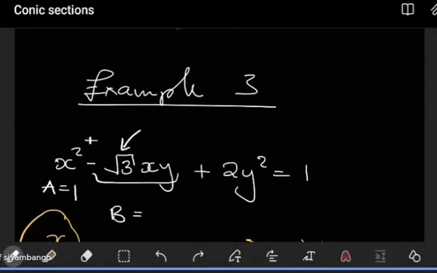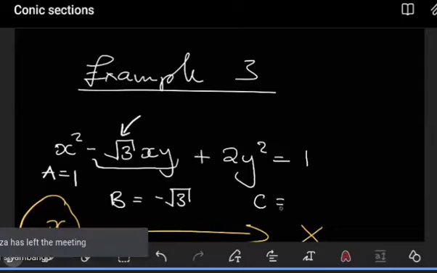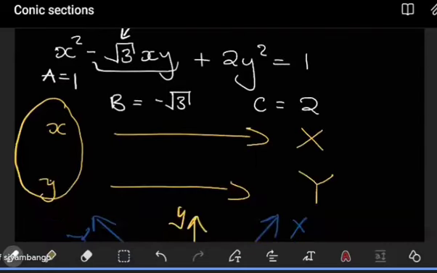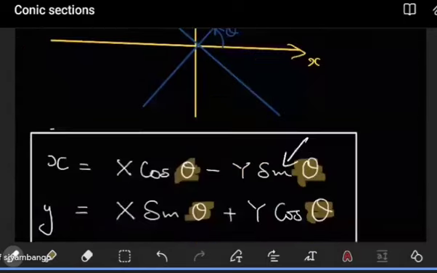Next up, C is the coefficient of the y squared term. So even if they're not properly arranged, you have to first arrange them in this way and then identify the coefficients. C is the coefficient of the y squared term, which will be 2. So you have 1, 2, and minus root 3.